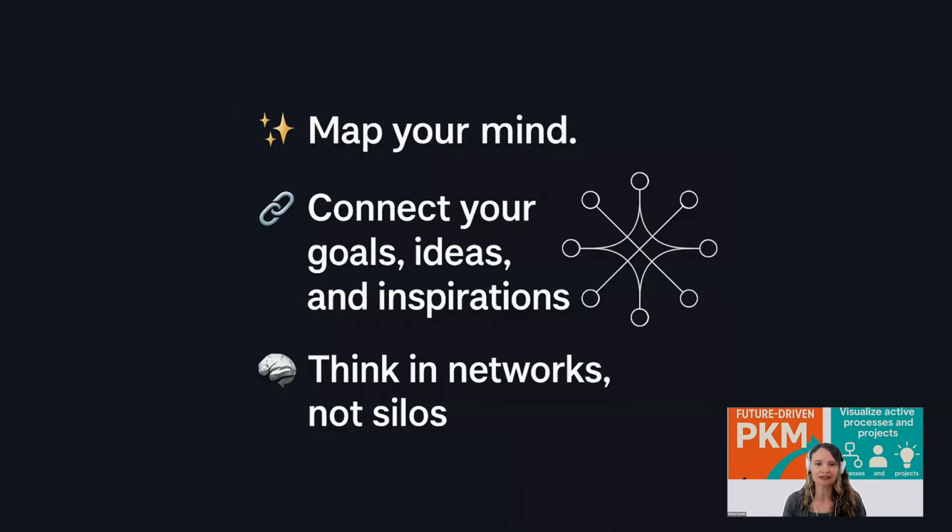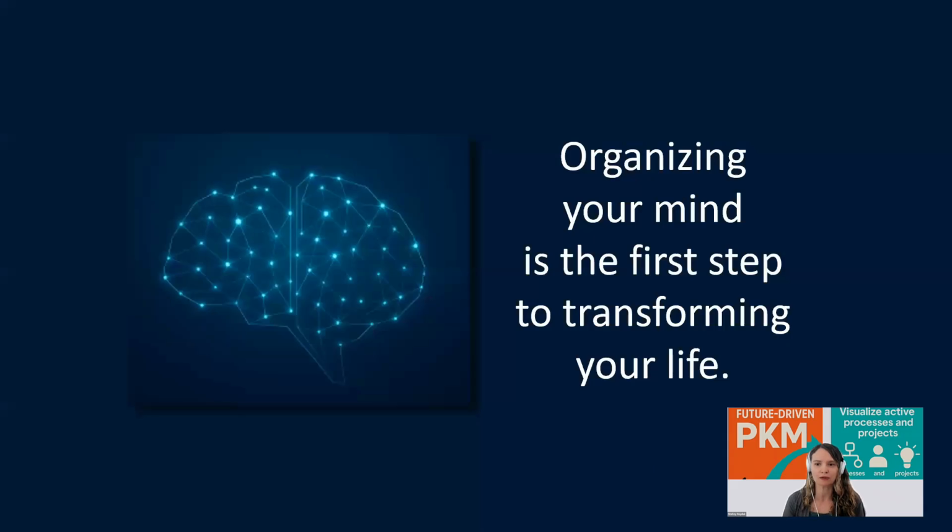This particular brain is a map of your mind. This map is going to connect all your goals and ideas, and it's also going to help you think in networks rather than silos. So rather than going to your chat dialog box or your folder drive, you'll have it all there, organized in a way that suits your method of thinking.